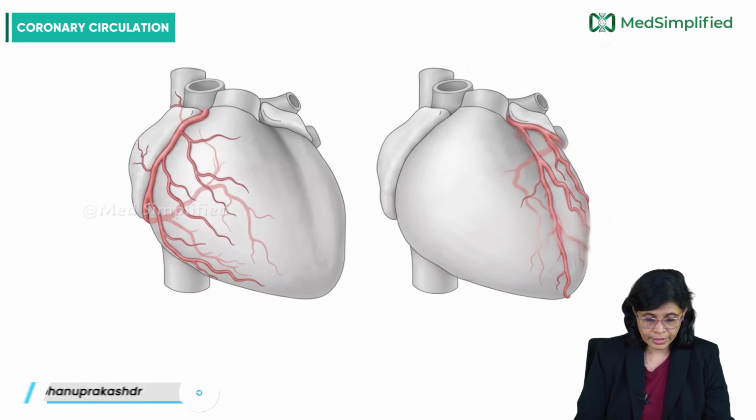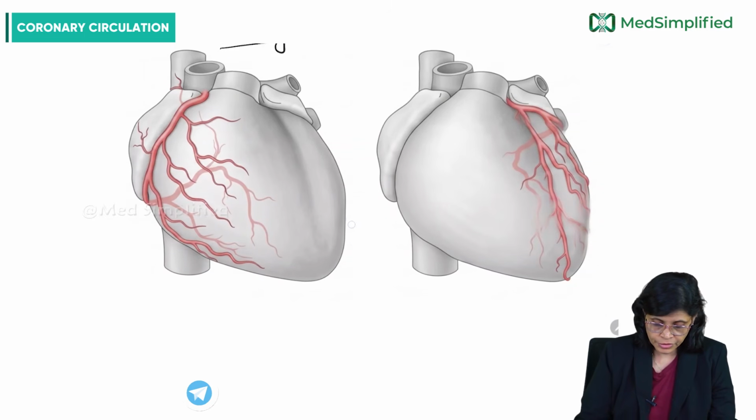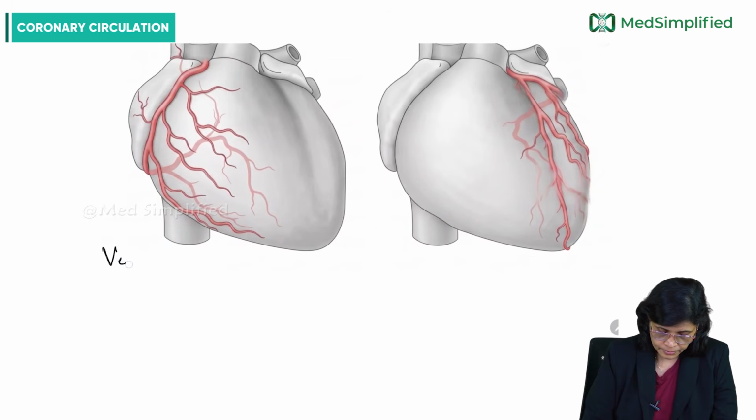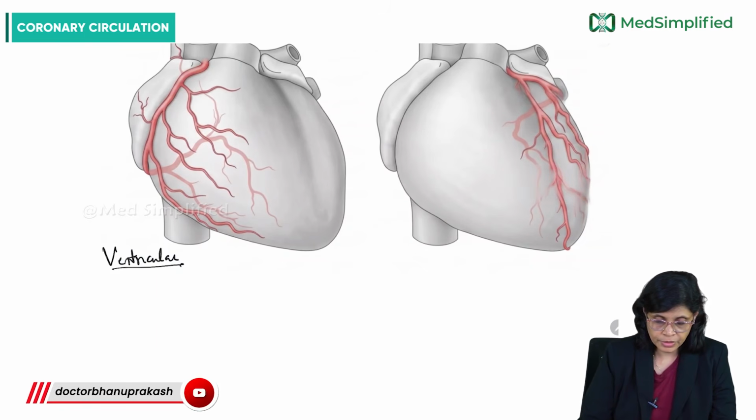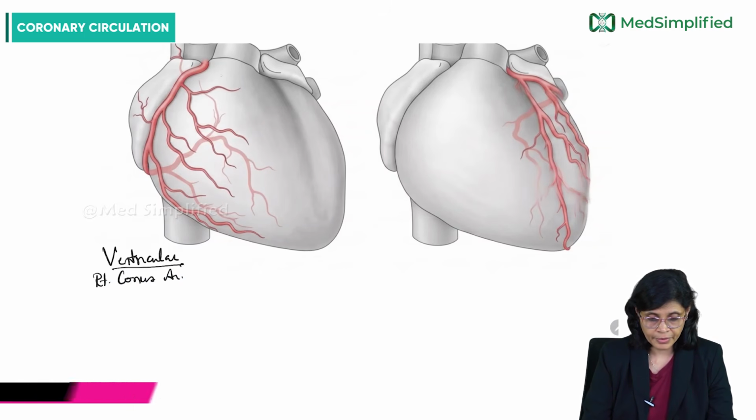Among the ventricular branches of the right coronary, first one is the right conus artery. The right conus artery is the first branch of the right coronary artery, and it supplies the infundibulum of the right ventricle.